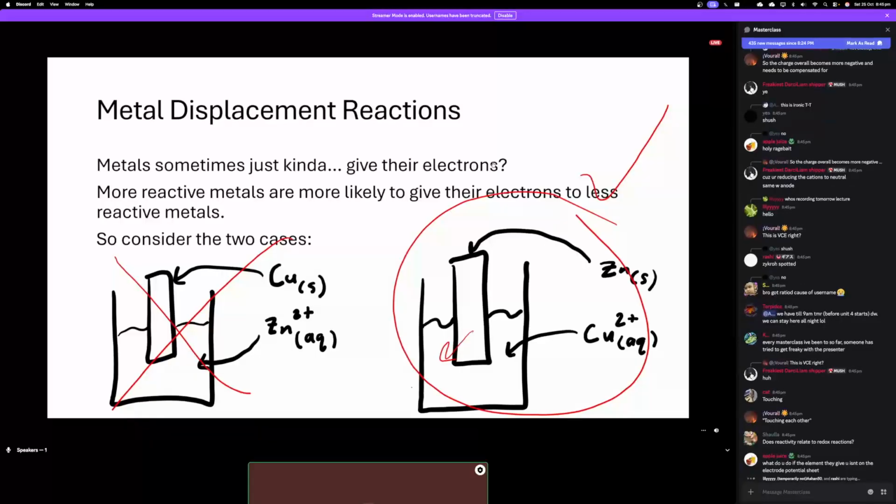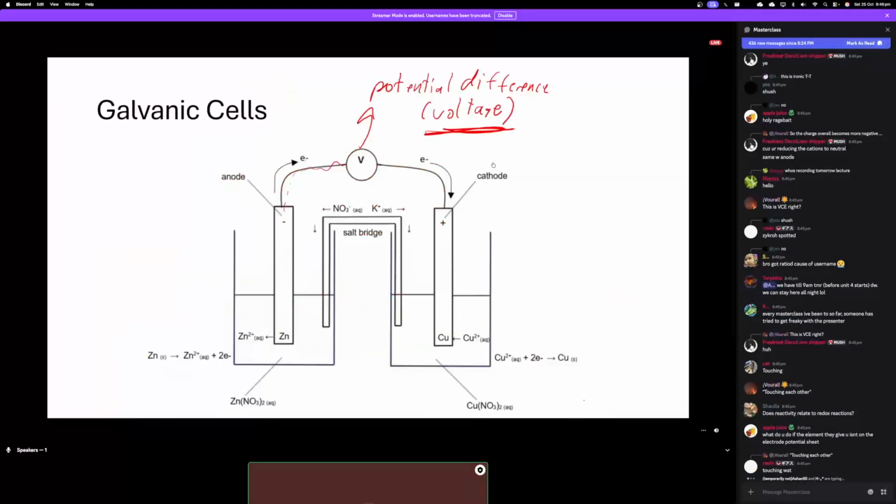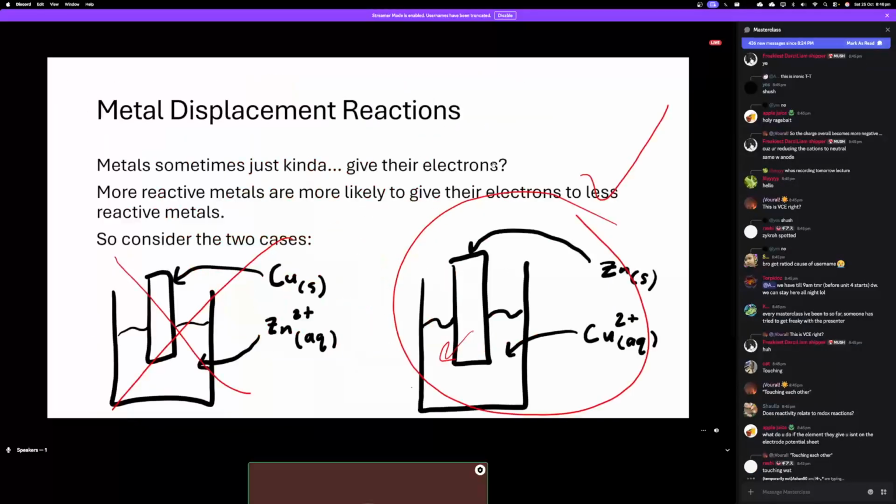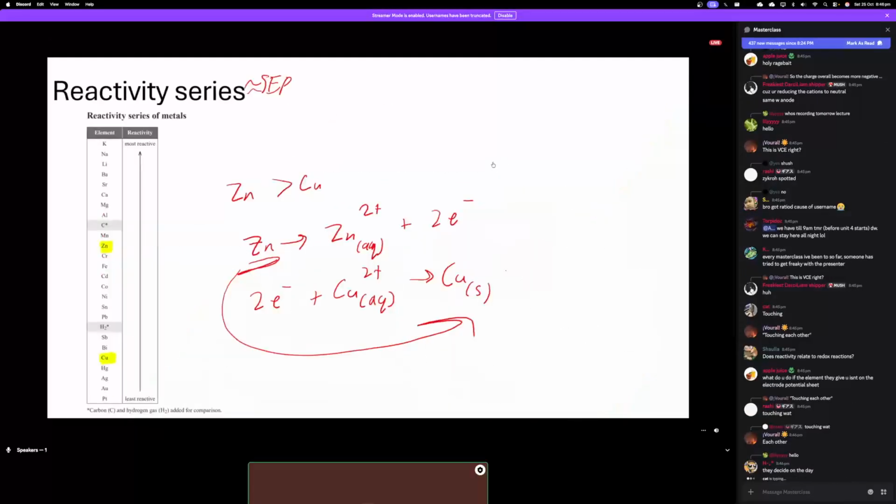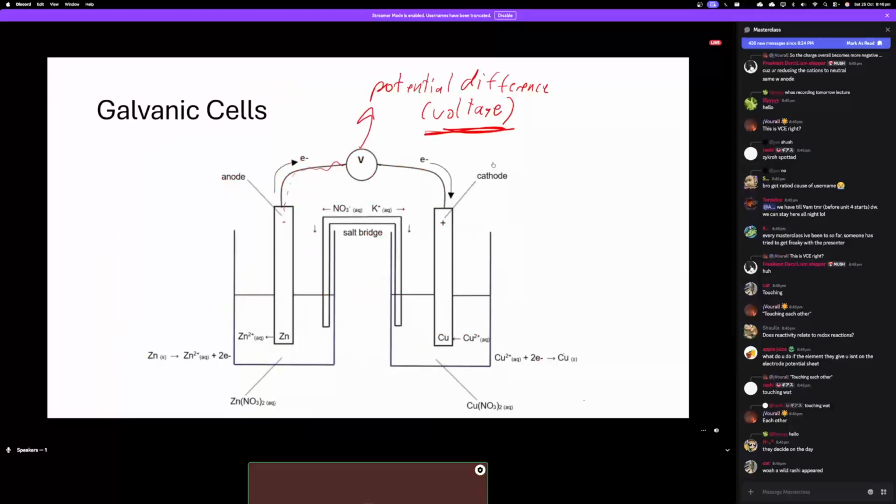That's fine. But what if we could harness that? What if we could take those electrons? What if we could turn chemical potential energy into electrical energy? What if for the zinc to give electrons to the copper, it had to go through a whole wire first? That's what we're doing with the galvanic cell.